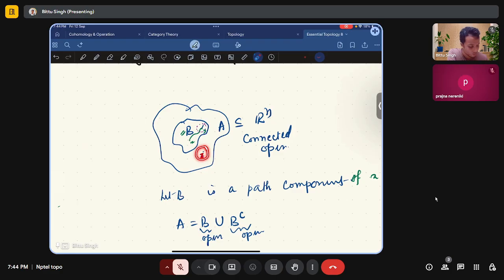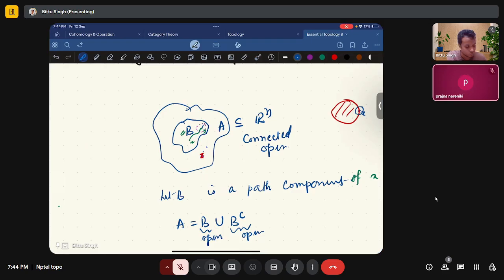If A is not open, then, for example, consider a disk with its boundary. For a point that belongs to the boundary, you cannot have any open disk which is contained inside this space, right?